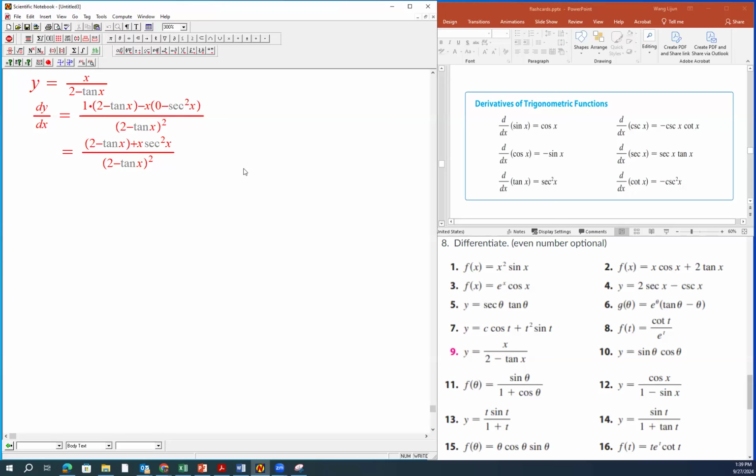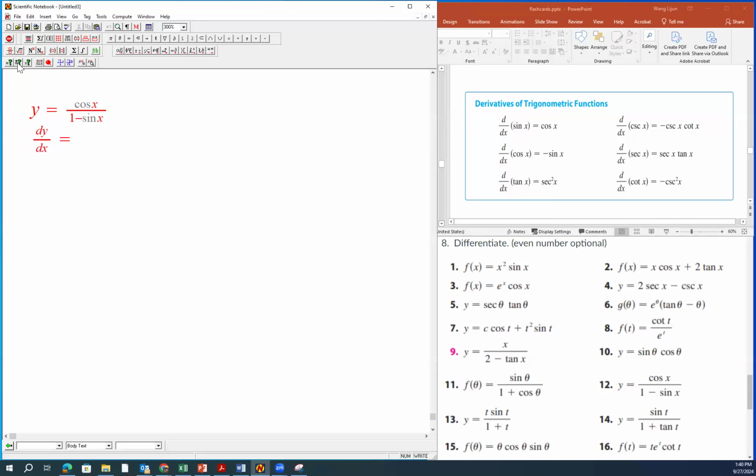Let's choose between 11 and 12. How about I do 12, you do 11? So y equals cosine x over 1 minus sine x. Differentiating, we got dy dx. Apply the quotient rule.